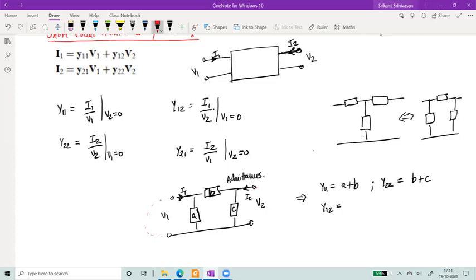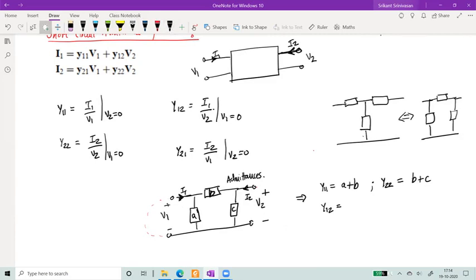Now I have some voltage V2 applied over here, and I'm measuring the ratio of the current I1 to the voltage V2. So I1 is nothing but the negative of I2, because if V1 is short circuited, and by my convention I have some positive voltage, which let me write here, plus and minus.